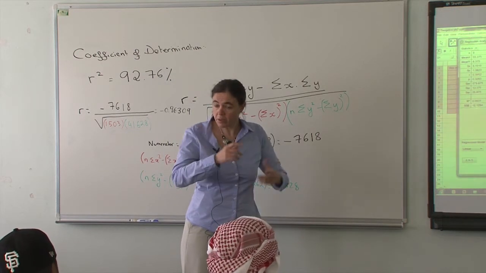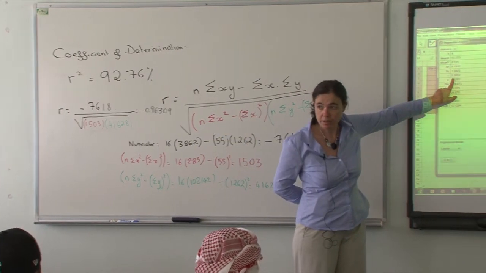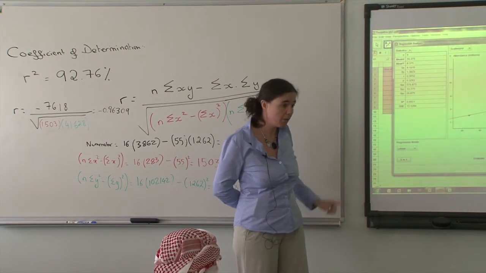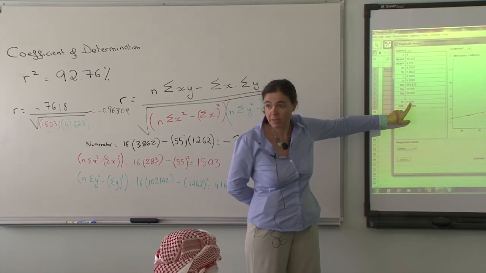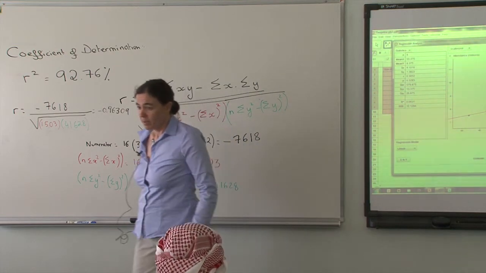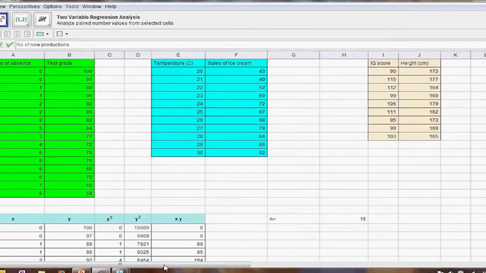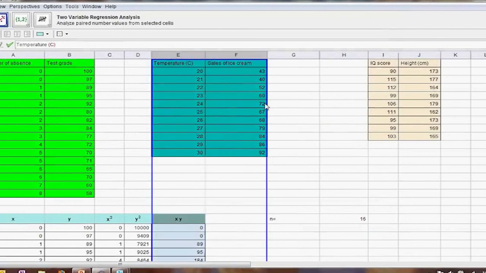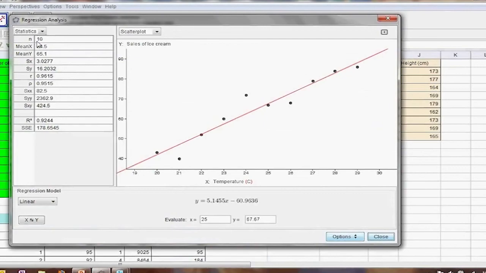No. You will tell me, teacher, I'm sorry, but R is not significant. I'm not going to find the equation of a line that I would use for only 9% of my data, because it's useless. It's better to find the equation of a line when the value of R is significant, like the few examples we've seen at the beginning.